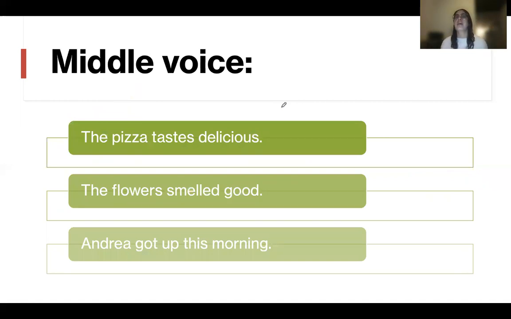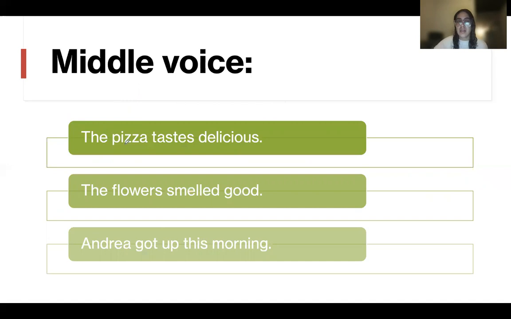And finally, the middle voice. In this case, we have a third way to express a clause, an idea. It is called middle voice, or also quasi voice, because it uses the structures of the passive and the active voice.